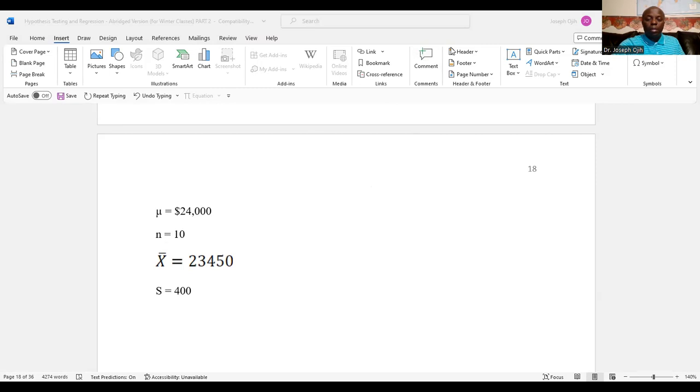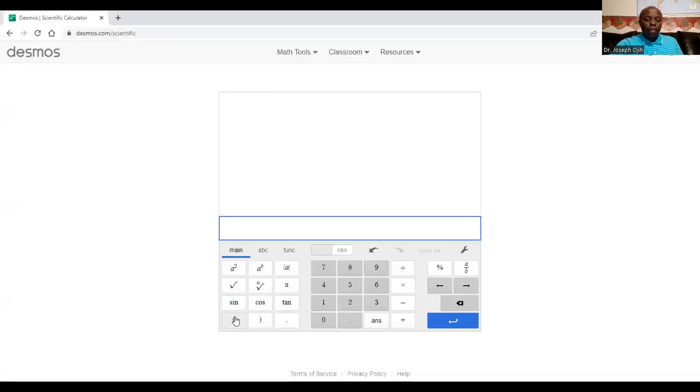I'm going to have X bar is 23,450, minus 24,000, divided by the standard deviation, which is 400, the sample standard deviation, divided by the square root of n, and n is 10.